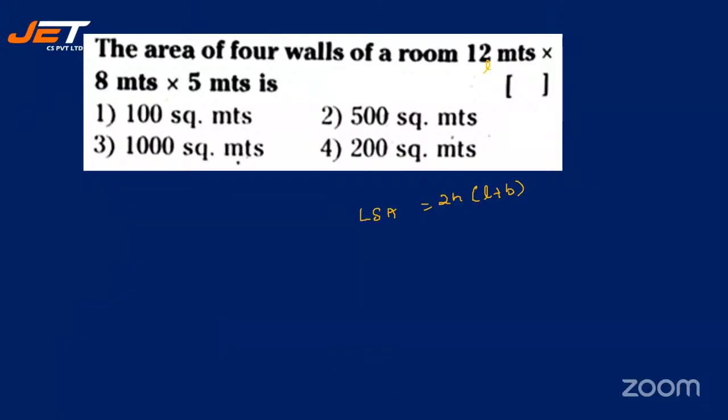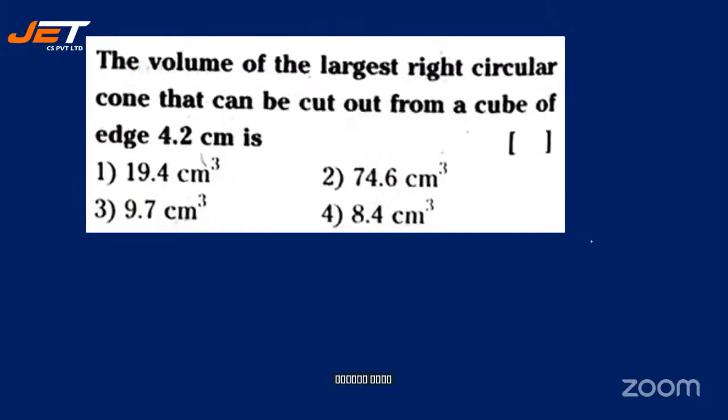So 2 into 5 into 12 plus 8. Right? Yes. So 2 5s are 10 into 8 plus 12, 20. So it is 200 meters square. See how beautifully you got the answer. Right. So see the next question.